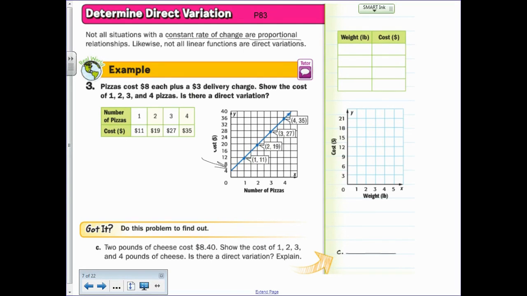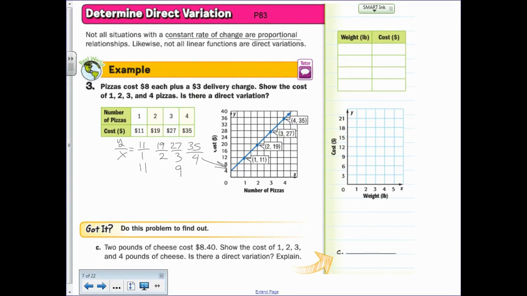If I come up here and I go, okay, what is y divided by x? 11 divided by 1, 19 divided by 2, 27 divided by 3, and 35 divided by 4. What I find is this is 11. 27 divided by 3 is 9.